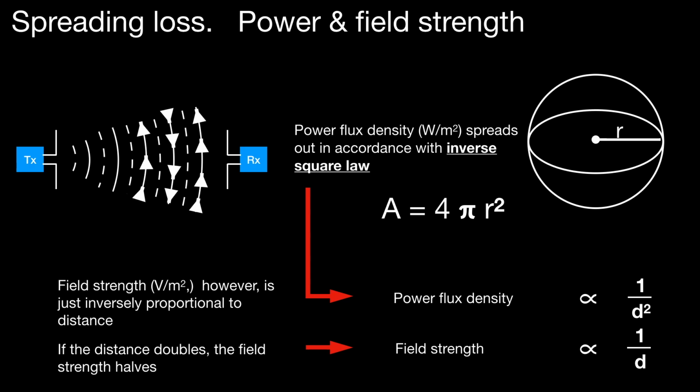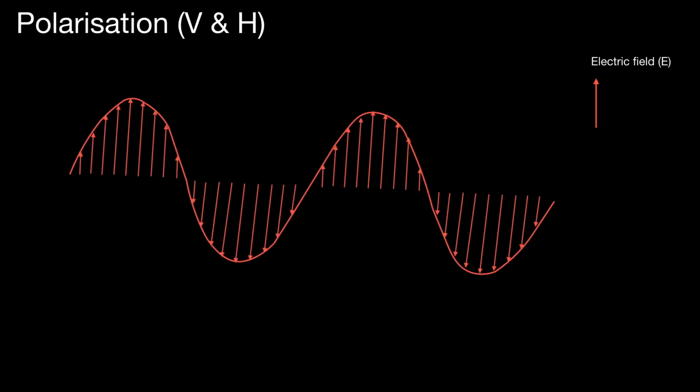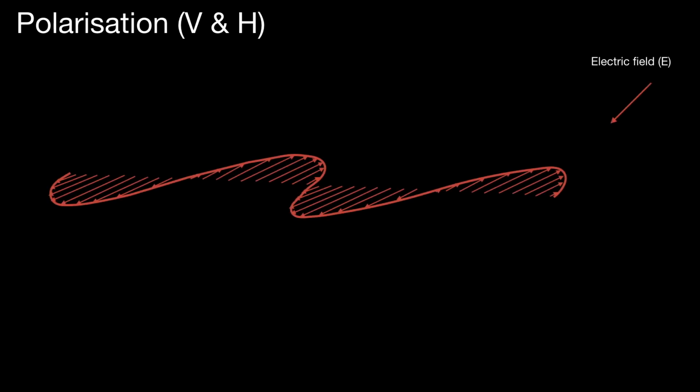So let's have a look at polarization, vertical and horizontal. We said earlier on that it's the electric field that determines the polarization. If it was vertical polarization, it would be like the preceding slide, and if it's horizontal, the electric field will be coming in and out of the screen.